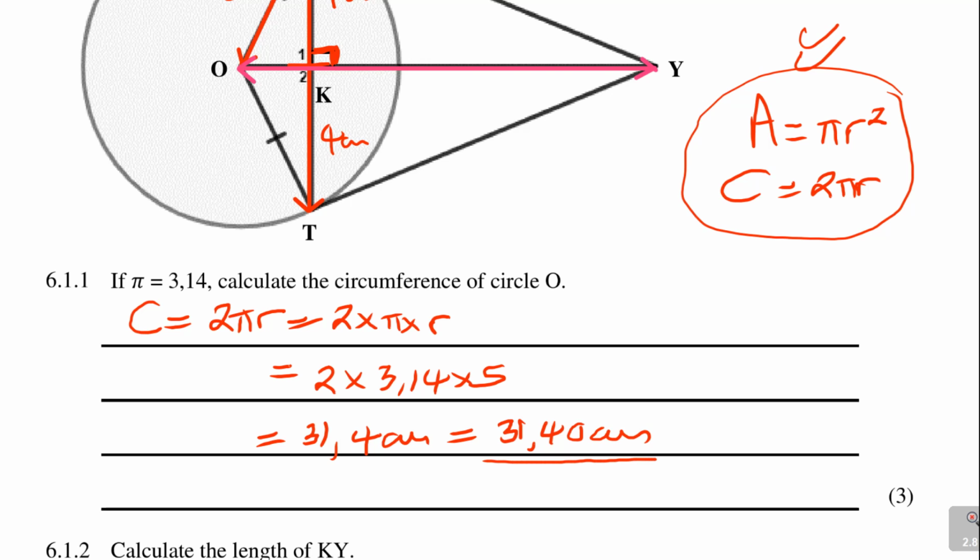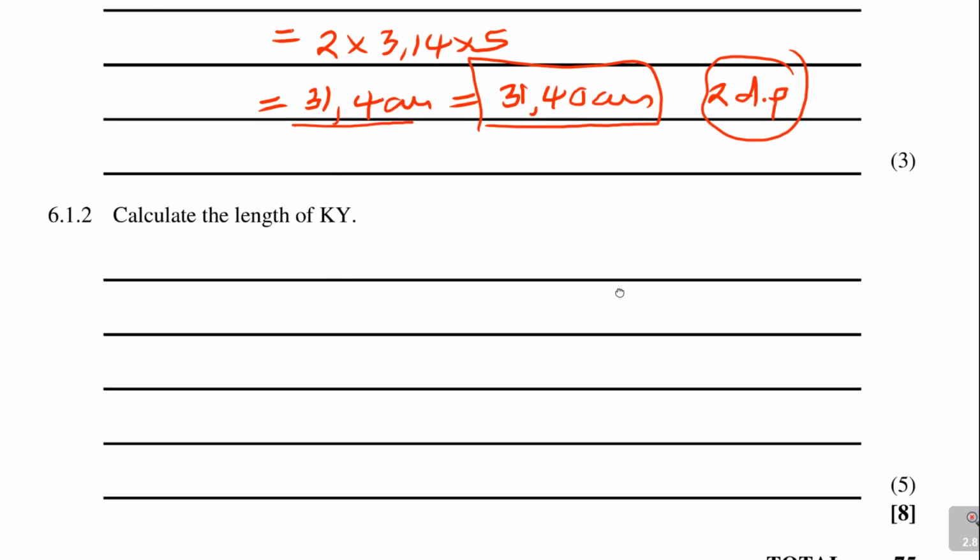This is the actual answer to 2 decimal places. They will mark you wrong if you write 31.4, because that is 1 decimal place. So you just put a 0 after that to follow the instruction to leave your answer in 2 decimal places.